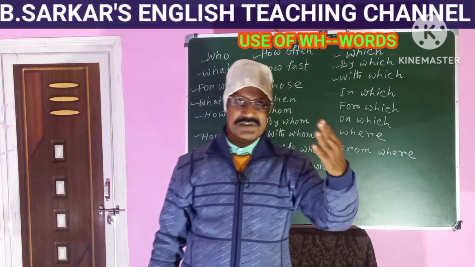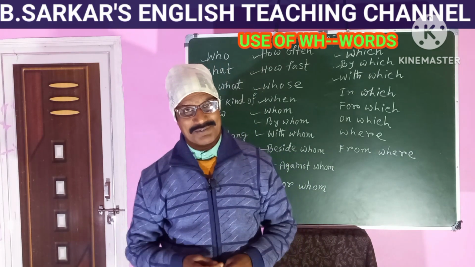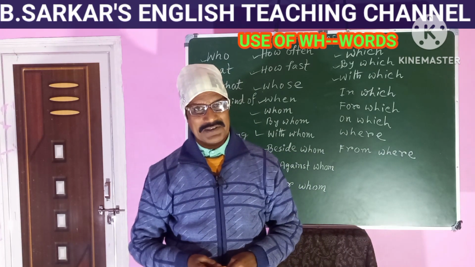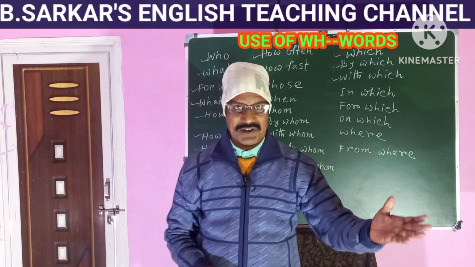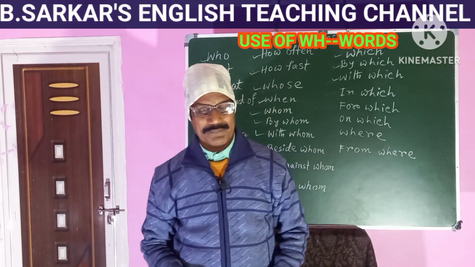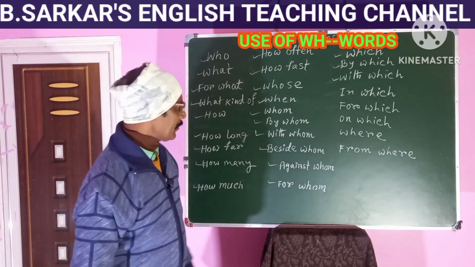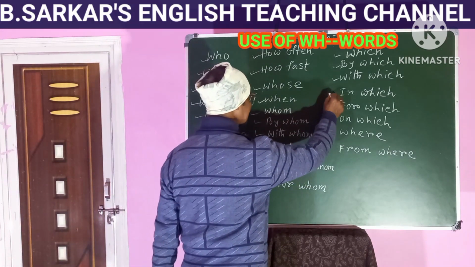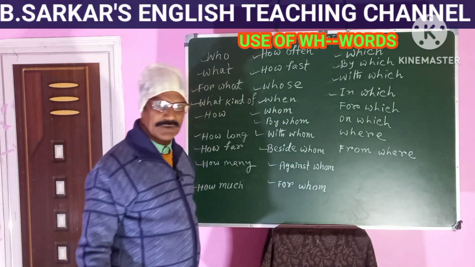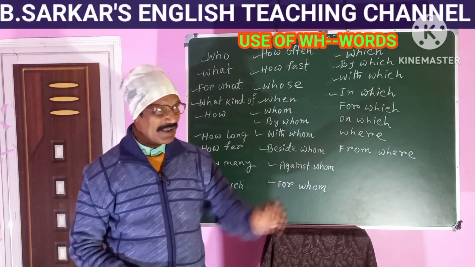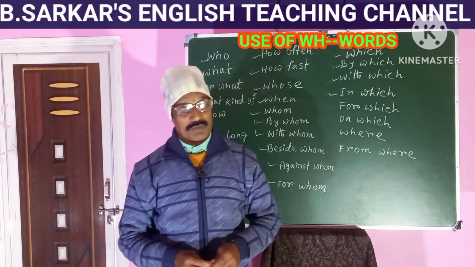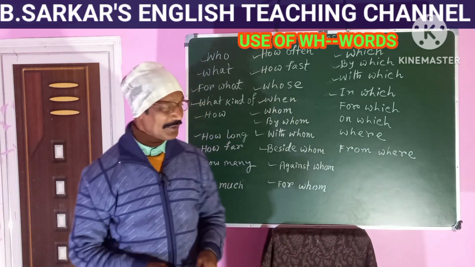With which are you writing now? Okay. কিসের সাহায্যে তুমি এখন লিখছো? With which are you writing now? After that, learn the use of in which. In which. In which circumstances have you solved this problem? Okay, in which.